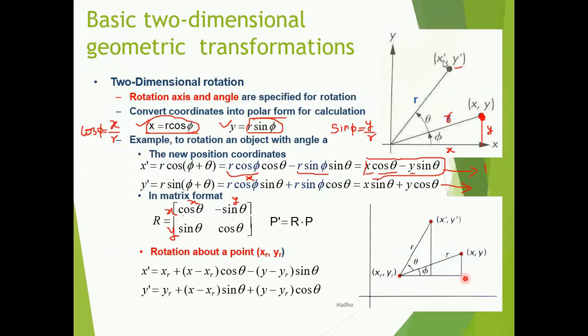Now again the same movements I do for the position point x comma y. The point x comma y has an angle phi with respect to the x axis, and the rotation angle is theta.